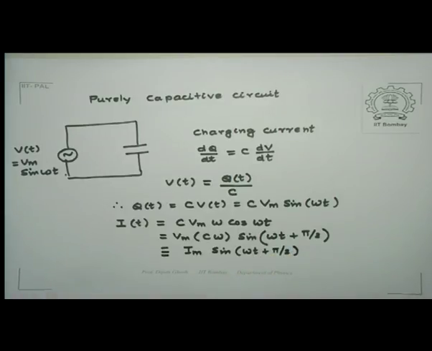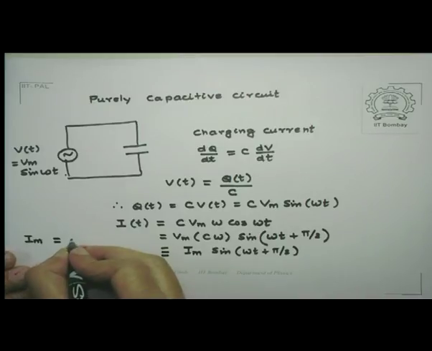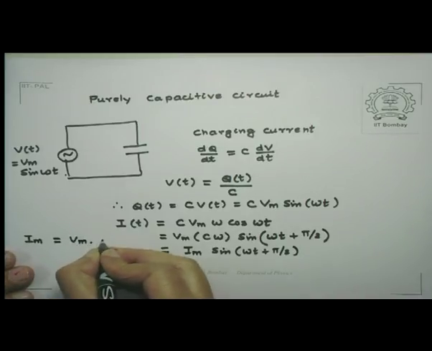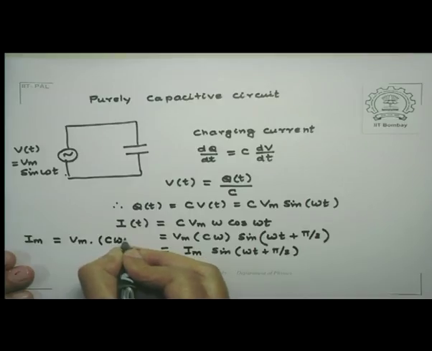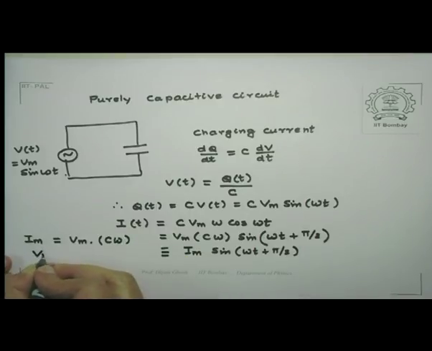my current amplitude is given by Vm times C omega. Therefore, the ratio Vm by Im is 1 over C omega.